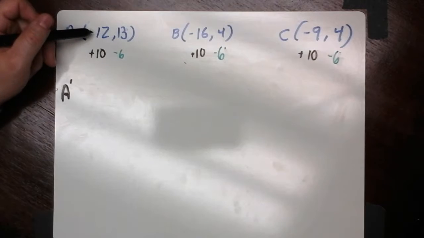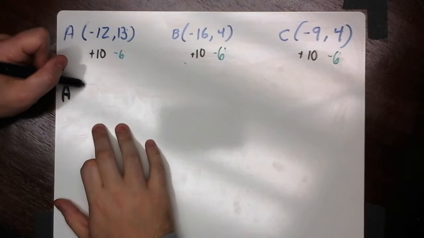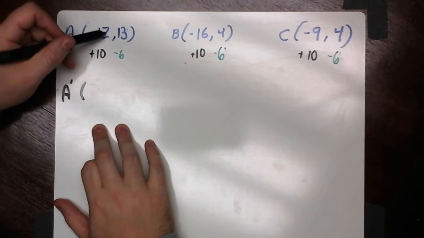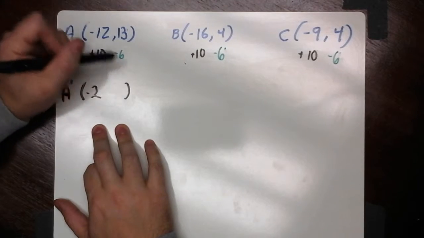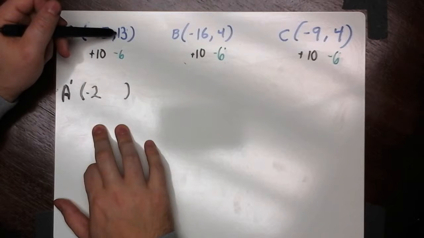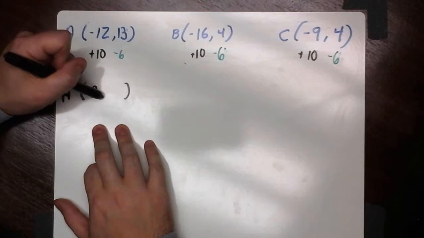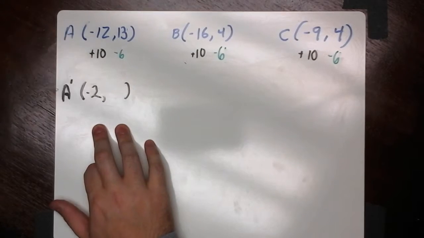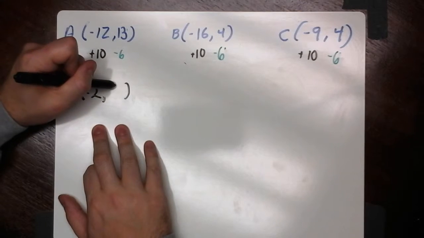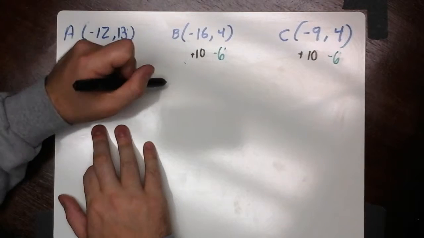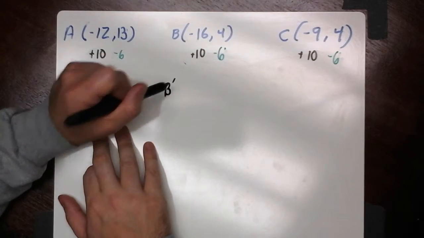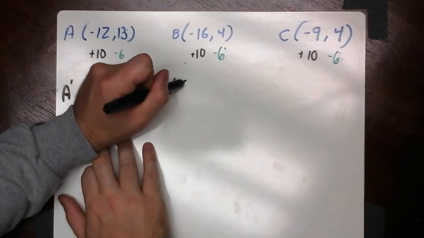So I'm going to add 10 to my x coordinates. I'm going to get -2 here. Then I'm going to subtract 6 from my y coordinates, and that is going to give me 7. Then I'm going to do it again with b prime.